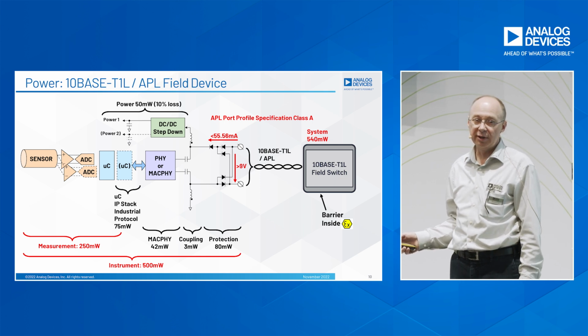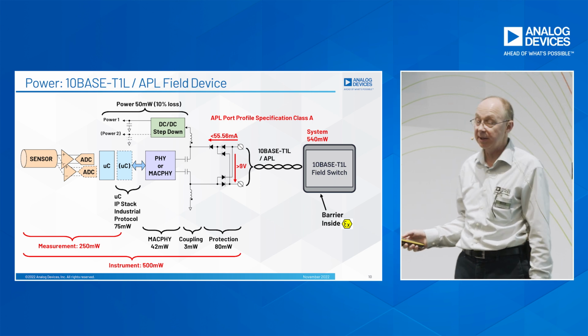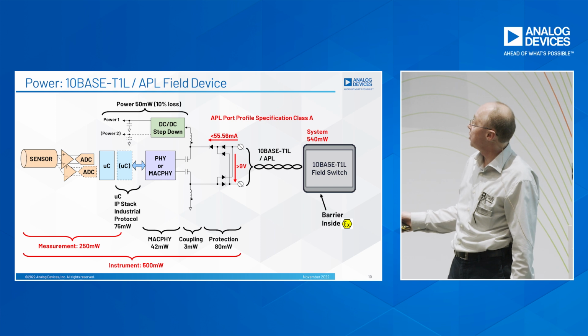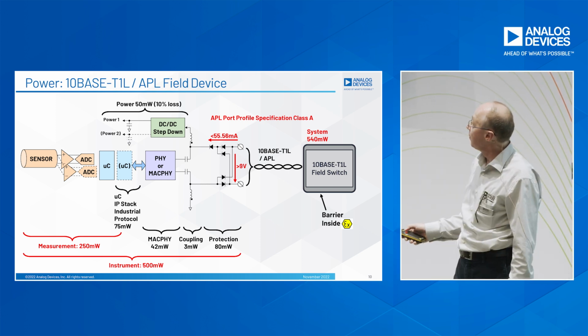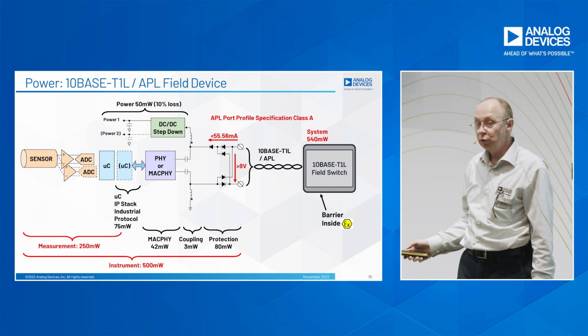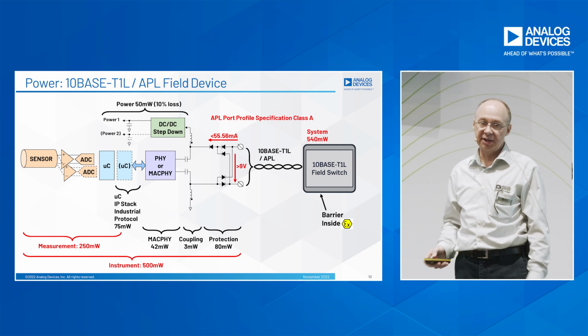It will be different if you run full blast Profinet and different if you run something simpler, but roughly the power budget there. So from the 500 milliwatts that is delivered by the port, we end up with about 250 milliwatts left for the sensor itself.